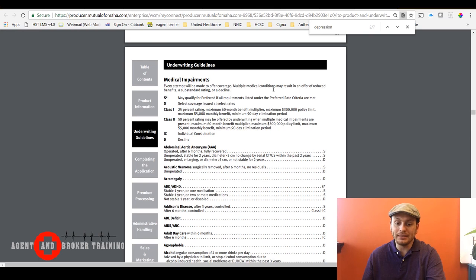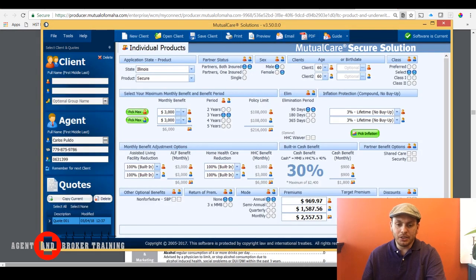They pay very well, and the system is easy to use, right? So, okay, birth dates, figure out their class. Obviously you're going to get their height and weight and all that other stuff, okay? Figure out their benefit. I think the national average for long-term care is about $3,800 a month. In Illinois, I know it's hovering more around the 5,000 mark.